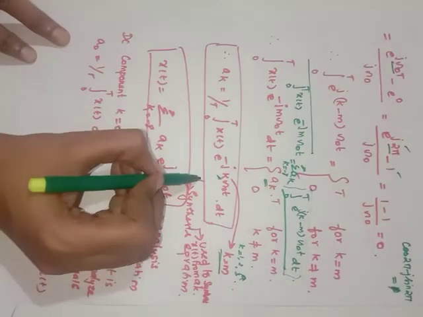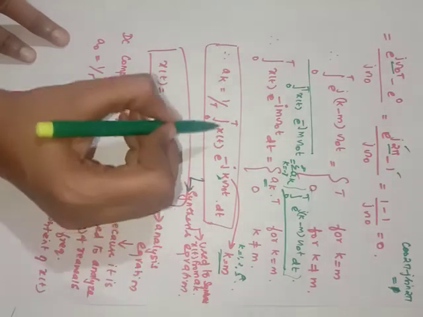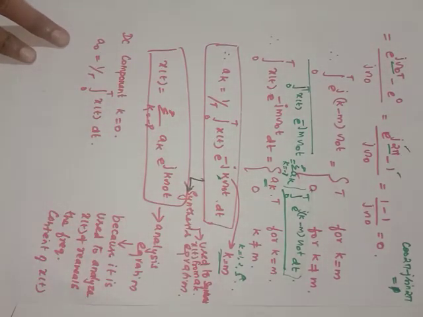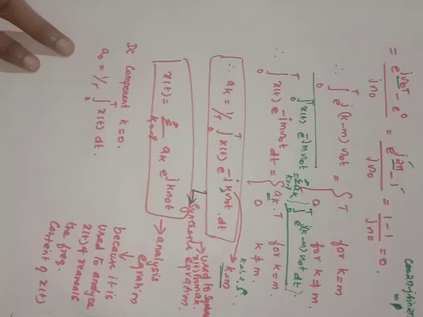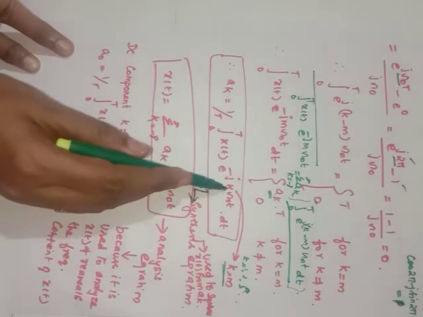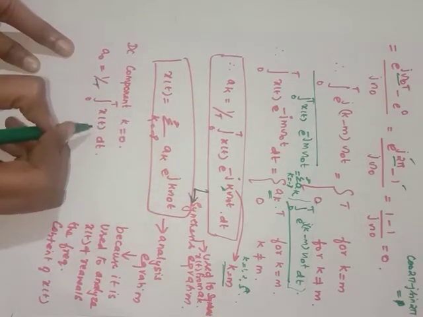This equation is known as the synthesis equation because it is used to synthesize x of t from ak. And this equation is known as the analysis equation because it is used to analyze x of t and reveals the frequency content of x of t. When you substitute k equal to 0 here, you get 1 by T integral 0 to T of x of t dt.